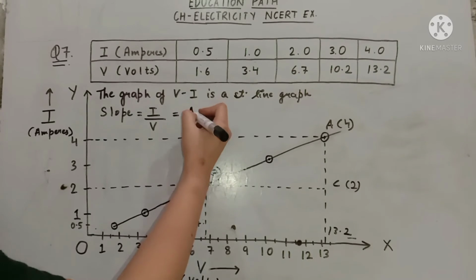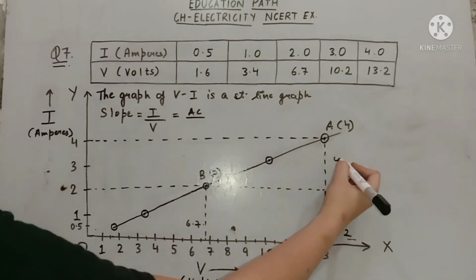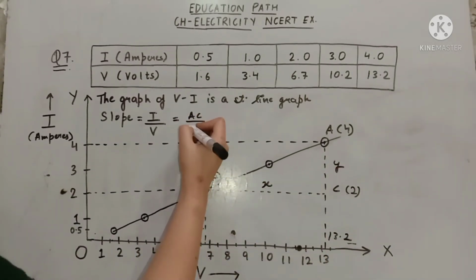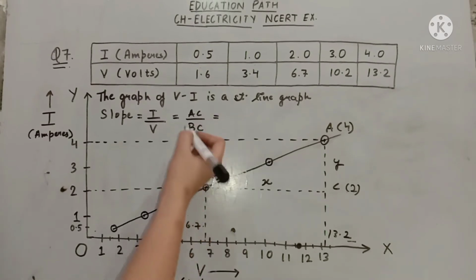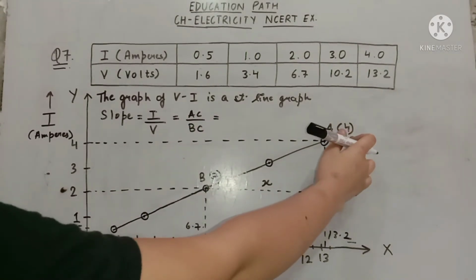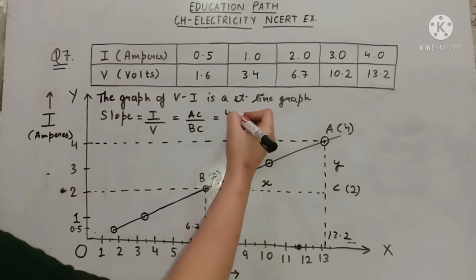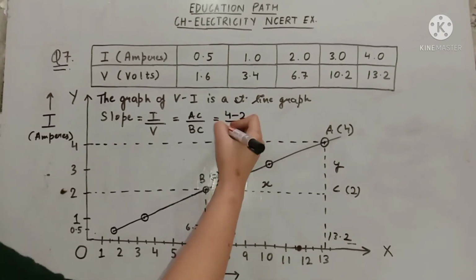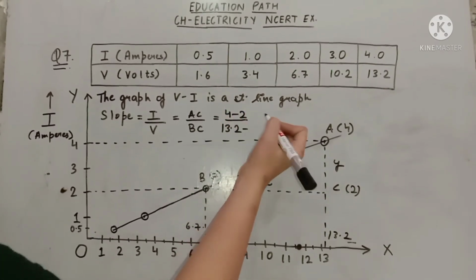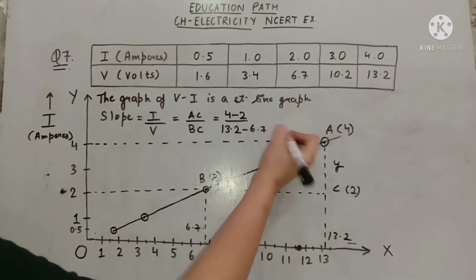Change in y, which is AC, upon change in x, which is BC, equals change in y, 4 minus 2, upon change in x, 13.2 minus 6.7.